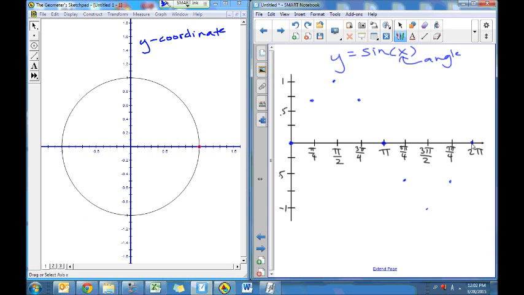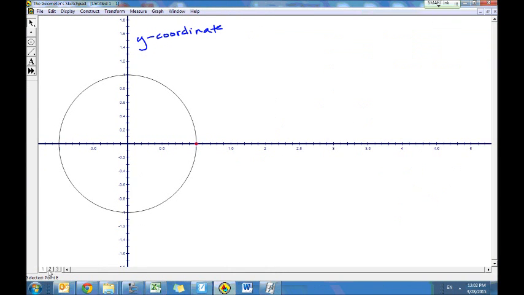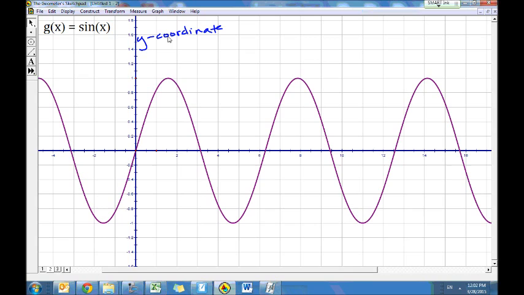Okay, now if I do this a little smoother, it would look something like that. Keep in mind that the angle could continue, right? So this does actually continue on in both directions. But roughly that is our sine curve. If you want to look at a better example of what this would look like, here is one right here, and this is the sine of x.